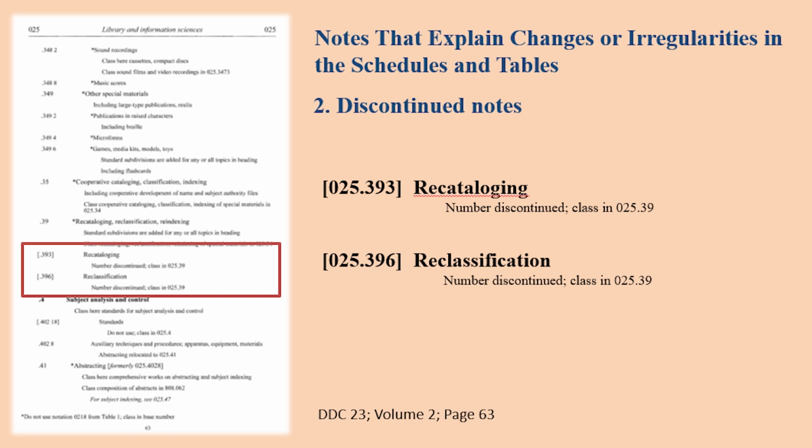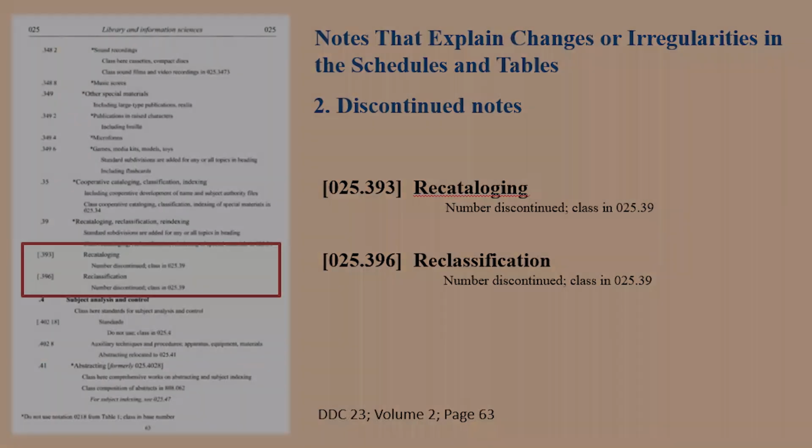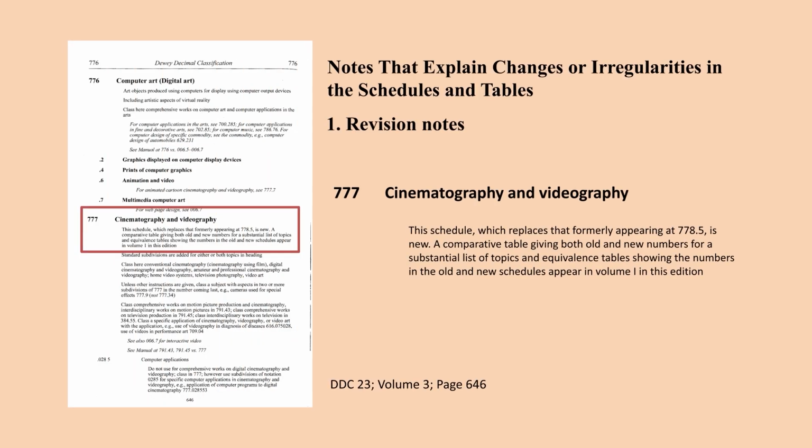So, if we concentrate on some example, the first subheading will be division notes. So, if we go to volume 3 of Dewey Decimal Classification and go to page number 646, we will get 777 cinematography and videography.